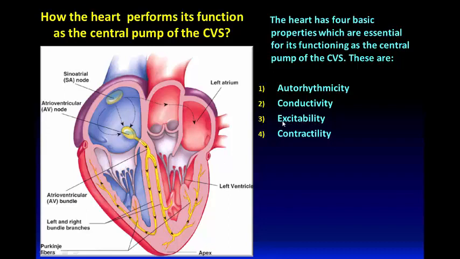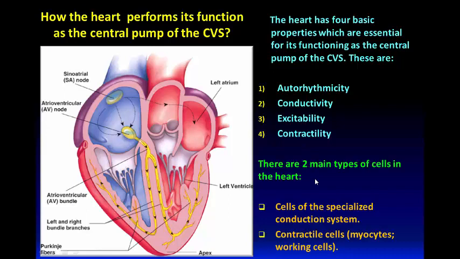So excitability is the third important physiological property of the heart. And when these cells are excited, they respond electrically and mechanically by contraction. So contractility is the fourth basic physiological property of the heart.